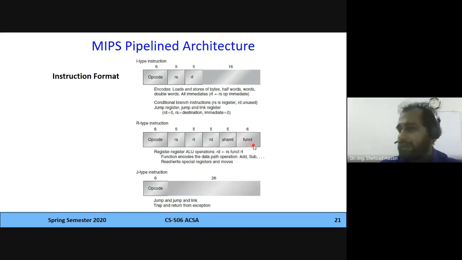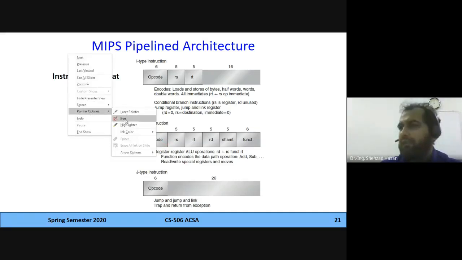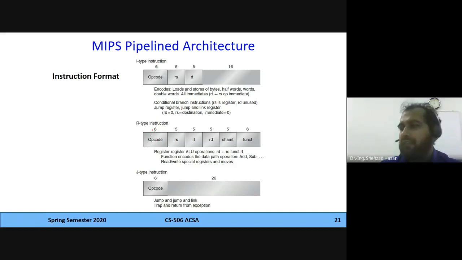And then there are 6 more bits for the function. An opcode of 6 bits means you have 2 raised to power 6 operations, which is 64. So you can have 64 operations, which is a very small number.